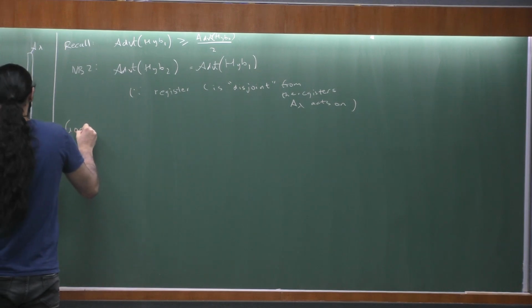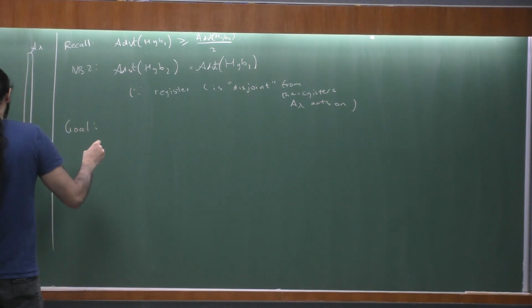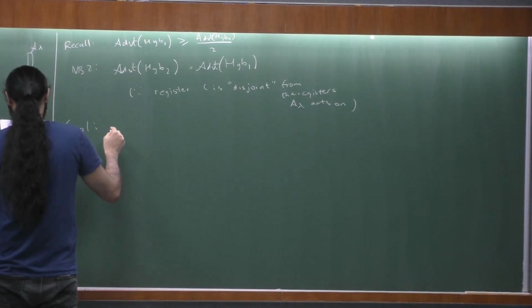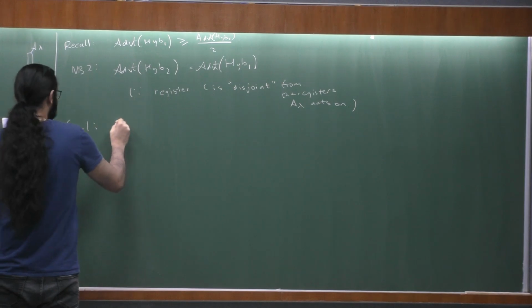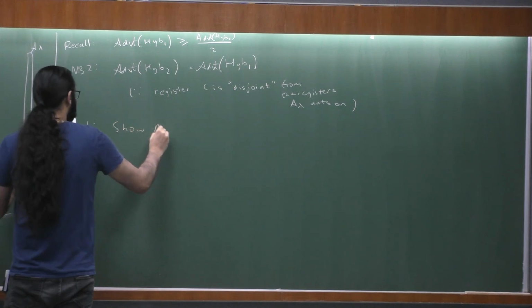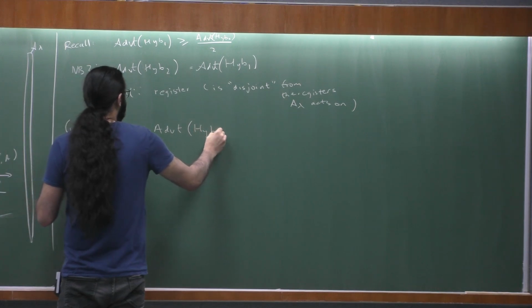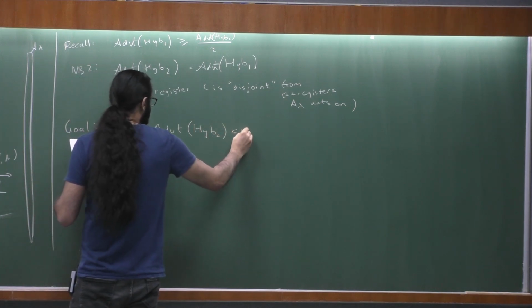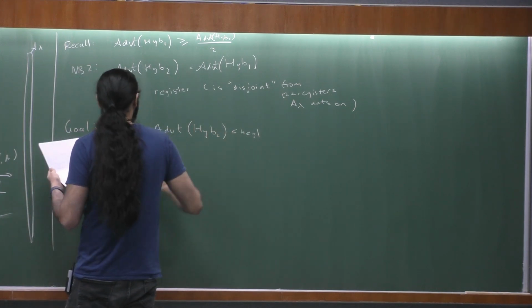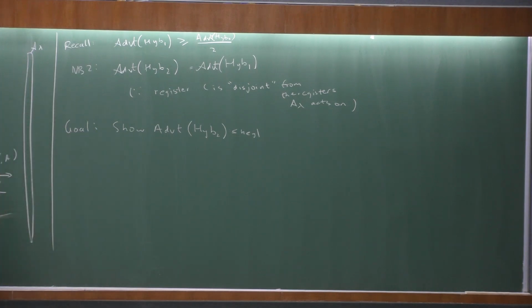And now our goal is going to be the following. We want to show that the advantage of hybrid 2 is negligible. Now to do that step, we need to add another hybrid.